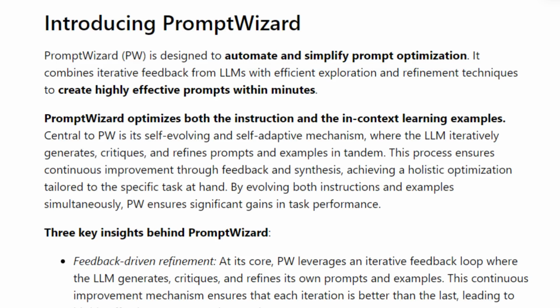It can use an LLM as a judge to critique the outputs and then update the inputs going in for producing those outputs. And then over time, it's able to evolve both those instructions and also the in-context learning examples that are going in there.